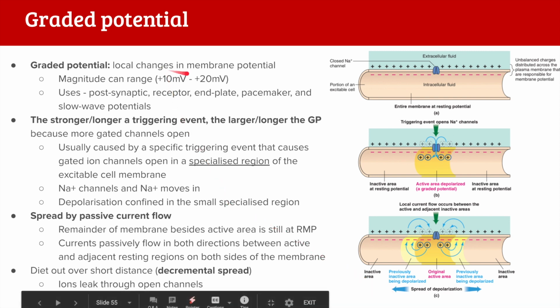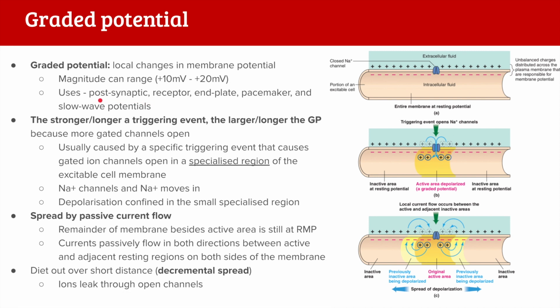Like I said, graded potentials are local changes in the membrane potential. The magnitude can range, and they're used in things such as postsynaptic potentials, receptor potentials, end-plate potentials, pacemaker potentials, and slow wave potentials. This is not that important, I guess. Something important to note is that the stronger and longer a triggering event, the larger and longer the graded potential is, because more gated channels open.